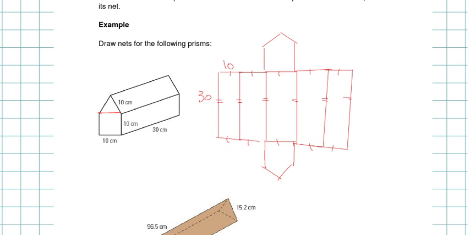And then also I know that this is 10, this is 10, this is 10, this is 10. And so are these sides. So they're all 10 except the long sides, which are 30. So if you had to find the surface area of this, what would you want to do?